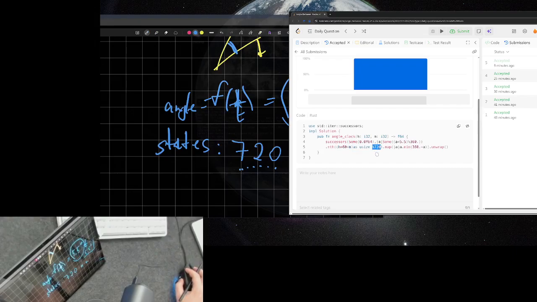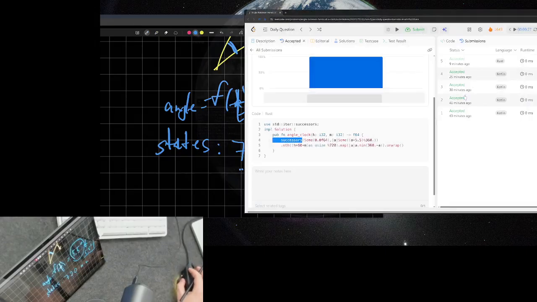And we do this modulus 720 because we only have this number of steps. And this is the state we are looking at. And then we define it. So this goes over all of the successors from 0.